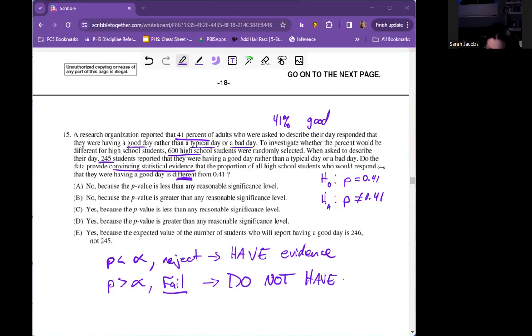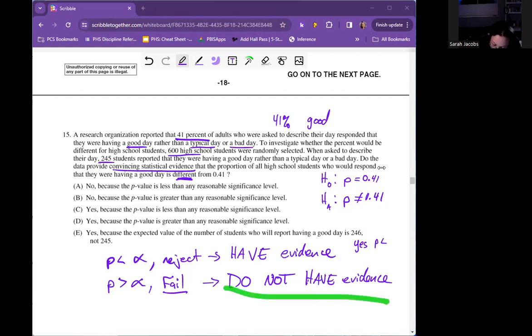So let's just get rid of any answer choices right now that defy the basic tenets of rejecting or failing to reject. Convincing statistical evidence would be yes, because the P is really low.